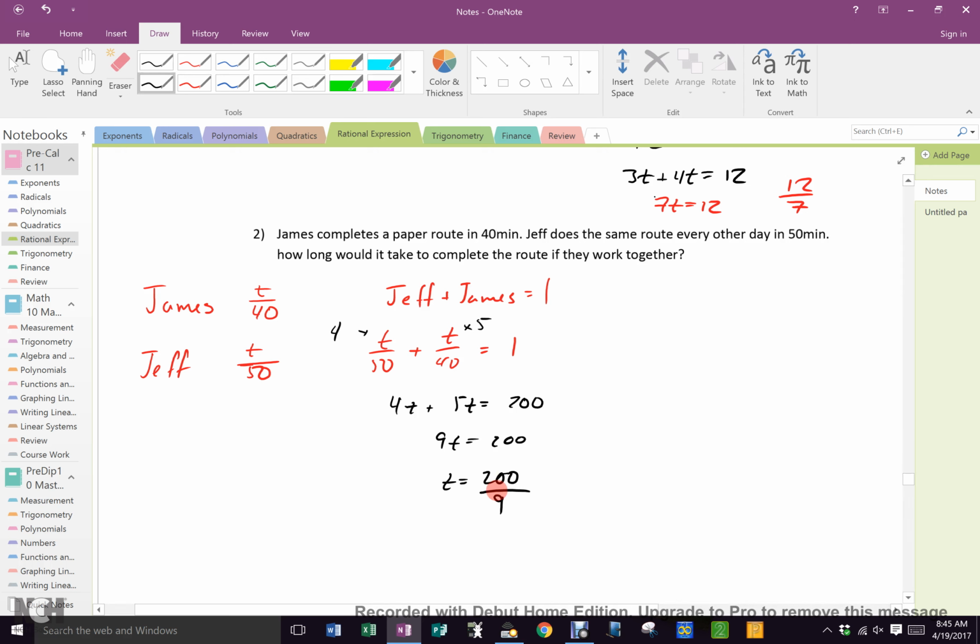What do I do with 200 over 9? Divide it to get what? What is 200 divided by 9? 22.2. Now, what were we counting in? Minutes. So this is 22.2 minutes, not mims.